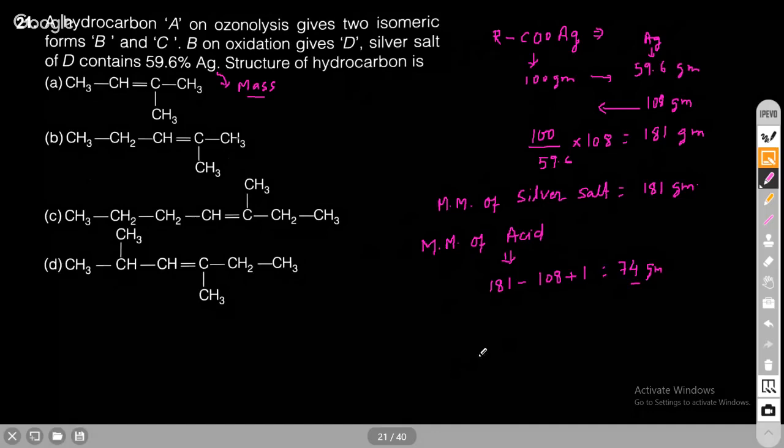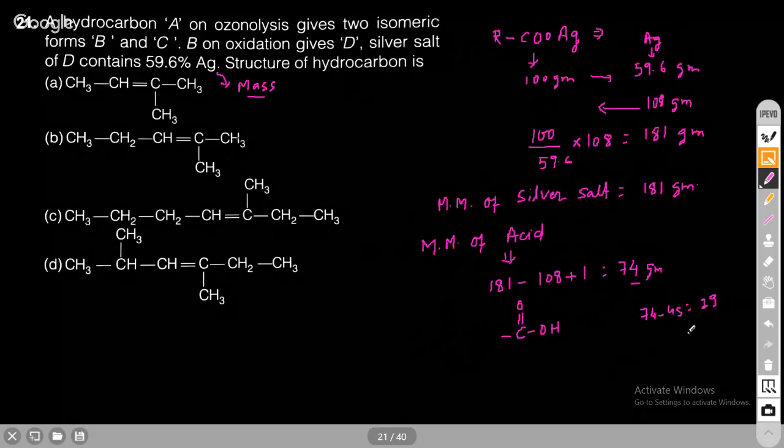Right? So the acid must contain COOH, first of all: C double bond O, OH, and then here we have one alkyl group, so that the molecular mass is 74. By hit and trial, the molecular mass of this part will be carbon 12, 16 into 2 is 32, plus 12 is 44, plus 1 is 45. 74 minus 45 is what? 29.